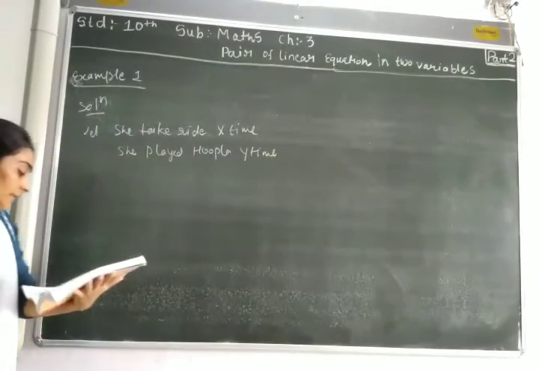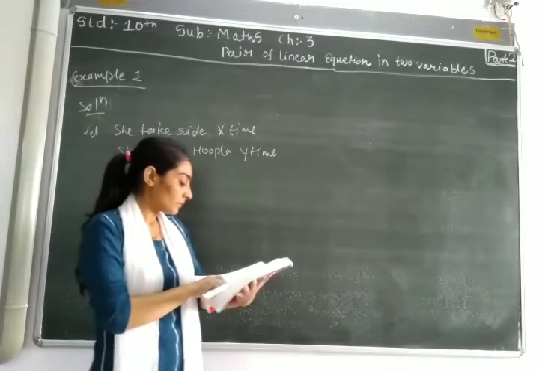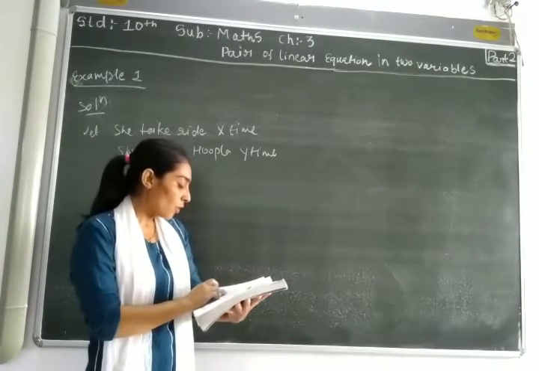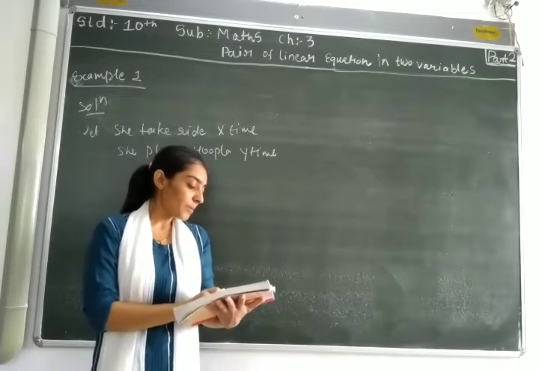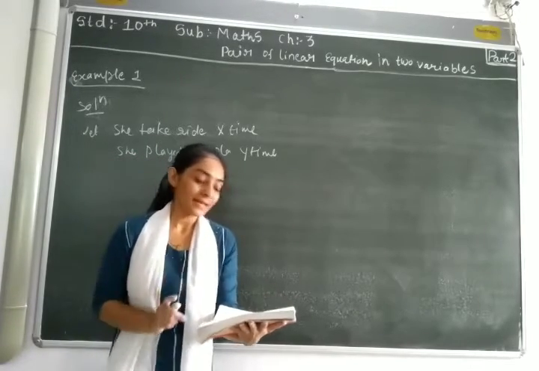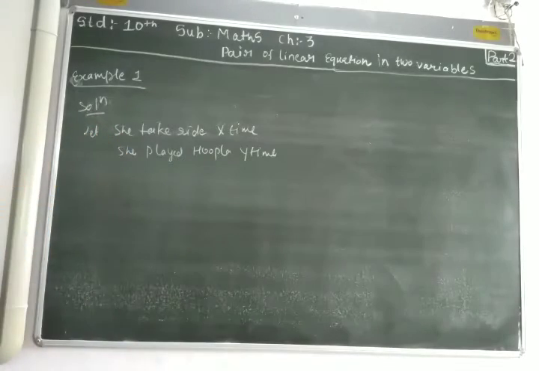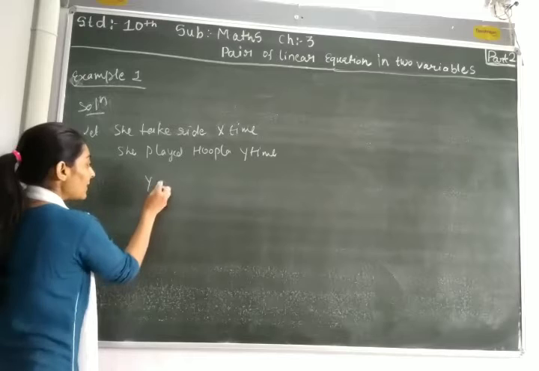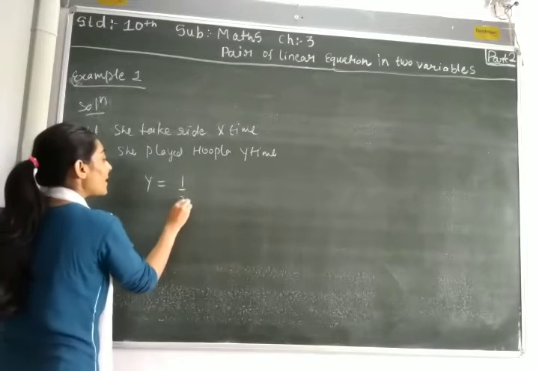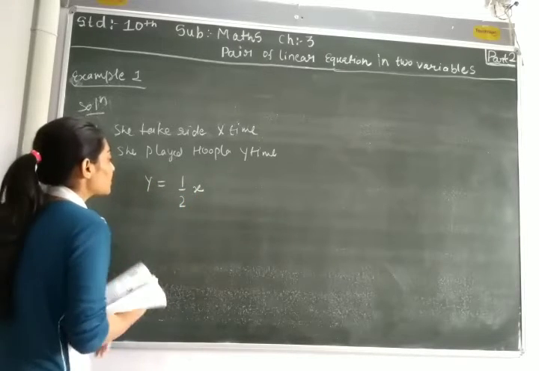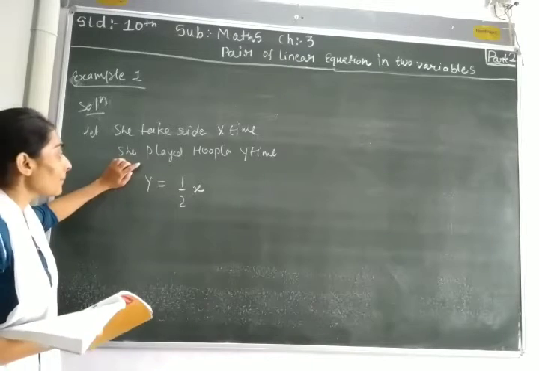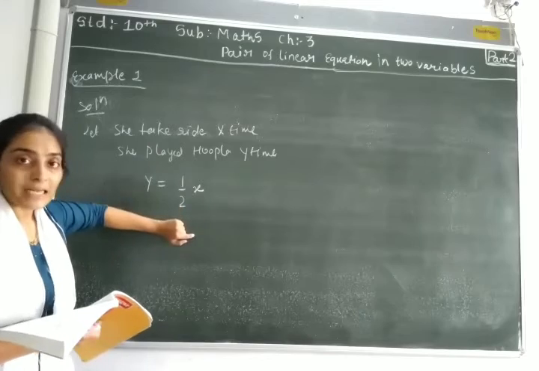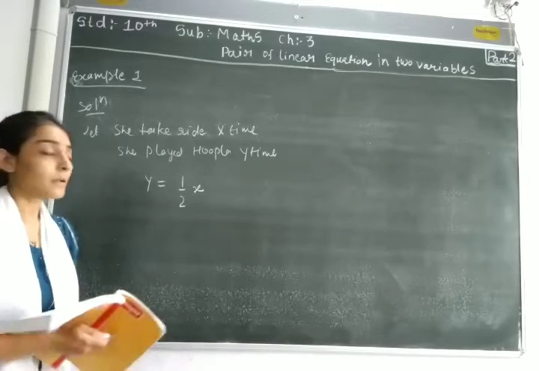Now the question says the number of times she played hoopla is half the number of rides she had on the giant wheel. It's half of the rides. So my y equals 1 by 2 x. She played hoopla just half of the rides she took on the giant wheel. This way we can represent it.